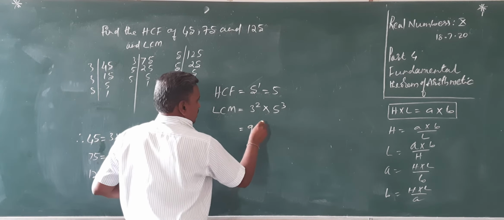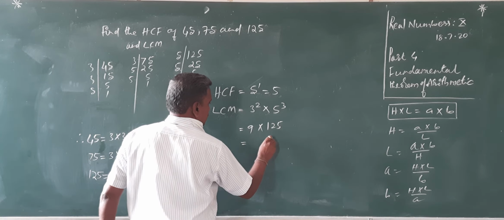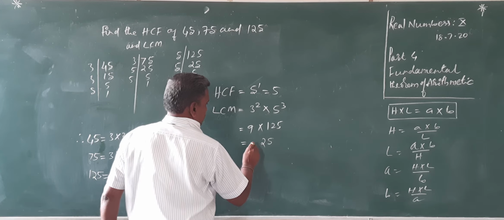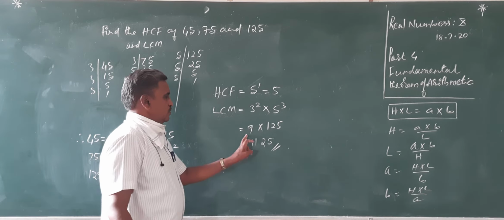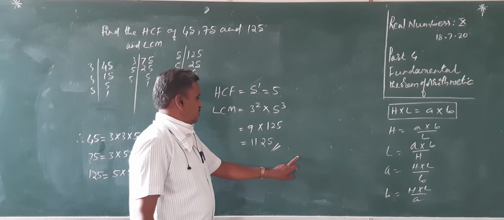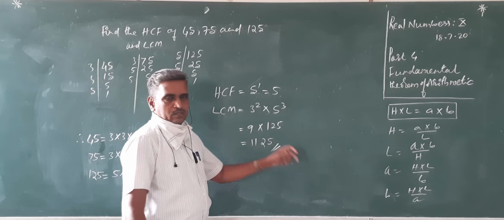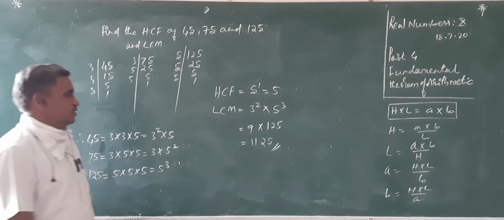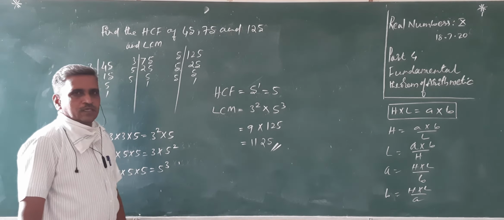Equal to 9 into 125 equals 1125. So 1125 is the LCM.